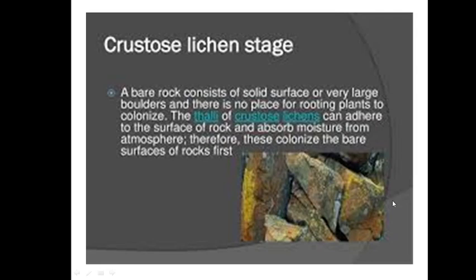In this, plants cannot grow on bare rocks. Therefore, only crustose lichens can grow on these rocks, for example Lecanora, Lecidea, Rhinodina, etc. This type of lichen grows as a crust and manages its own food.